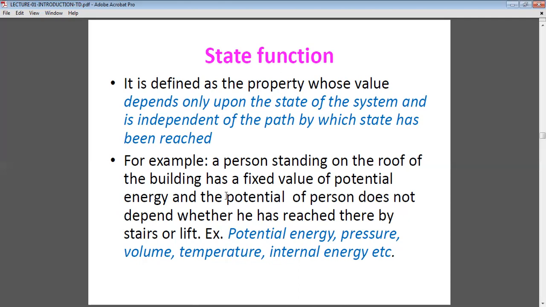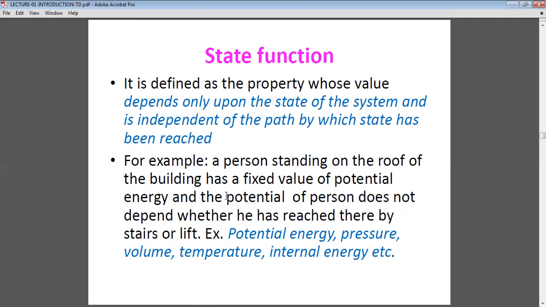For example, if a person stands on the roof of a building, that person has a fixed value of potential energy. The potential energy of the person does not depend on whether he has reached there by stairs or by lift. The path he traveled does not matter. We only know that he has some potential energy because he is at a certain height. That means the potential energy is a property of that person.